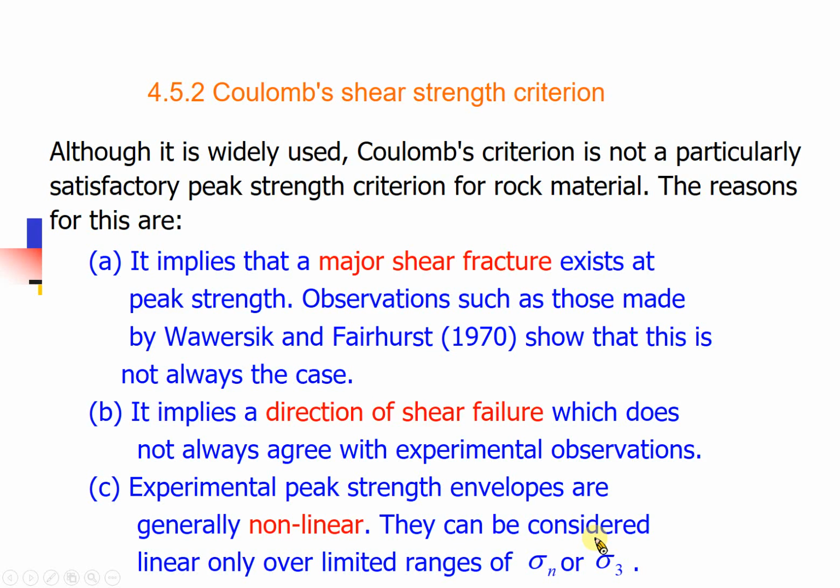But for some engineering practice cases, we prefer other failure criteria, because we don't really observe a major shear plane in many cases. It's not always true. Okay? This is the big assumption for the Mohr-Coulomb failure criterion. And the other, the failure plane does not always have an inclined angle to the maximum principal stress equal to 45 degrees minus phi divided by 2.